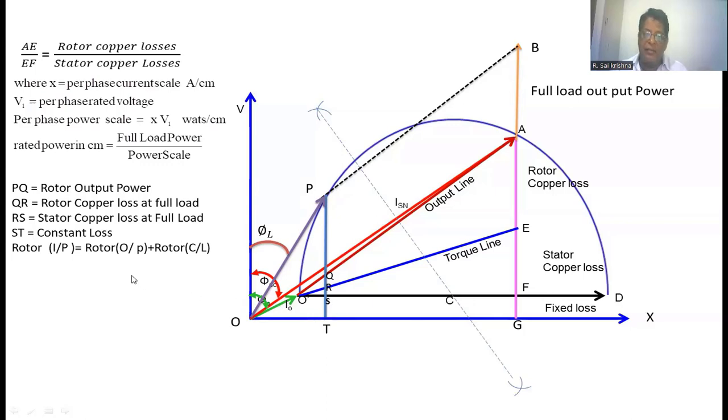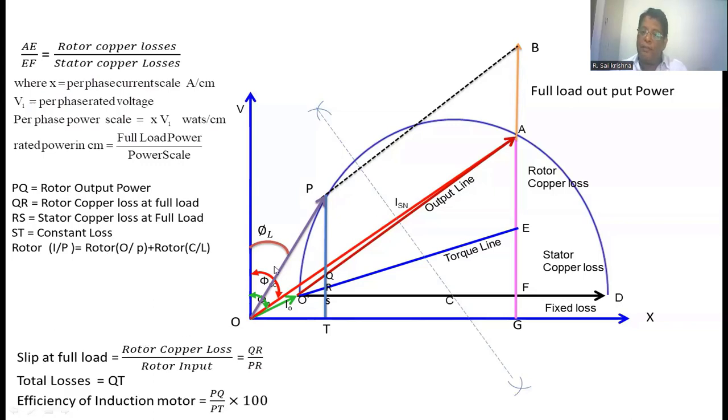The length ST is the constant loss. We can find the slip of the induction motor at full load. The slip at full load equals rotor copper loss by rotor input. The rotor copper loss is represented by the length QR and the rotor input is represented by the length PR. Take the ratio between these two, and we get the slip of the induction motor at full load.